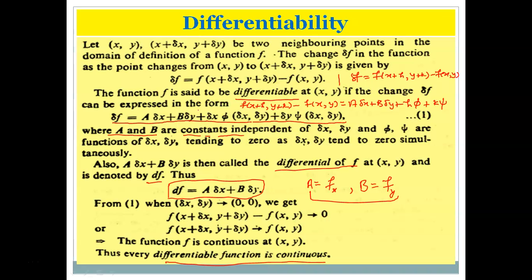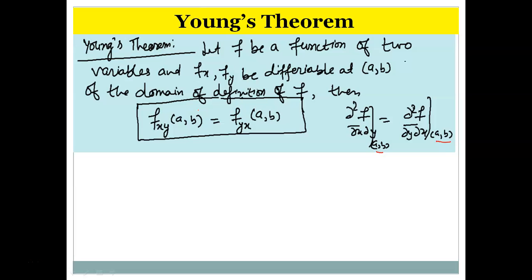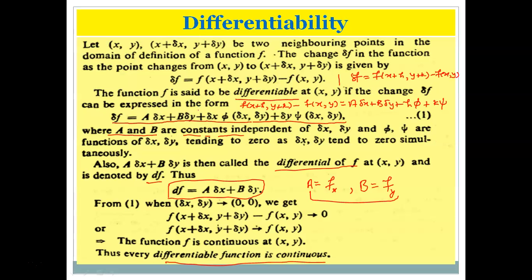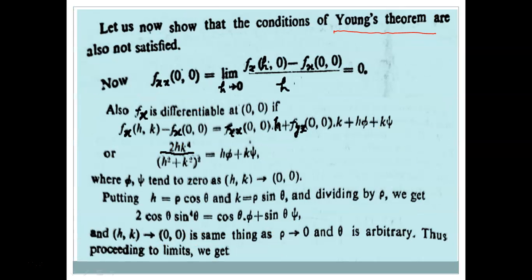Let us go back to Young's theorem. What do we require? That fx and fy must be differentiable at the point (a, b). So first we are checking, in this example, the differentiability of the function fx.